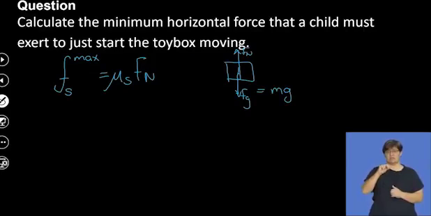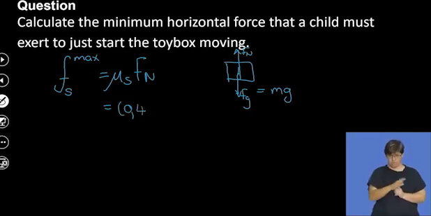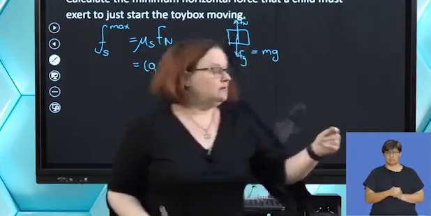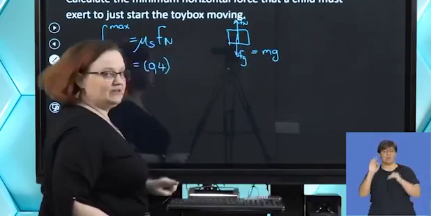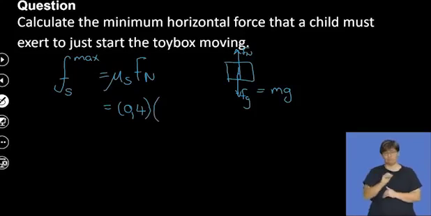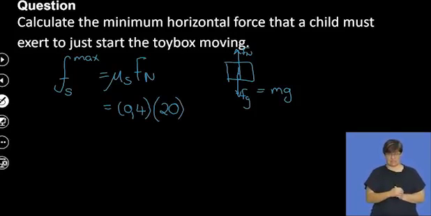So let's think about this. I know mu s, they told me it was 0.4. Okay? I know Fn because it's going to be equal to Fg. So I'm actually going to put that in straight away. My mass was 20, and we remember because we've done this lots, g is 9.8. Okay?